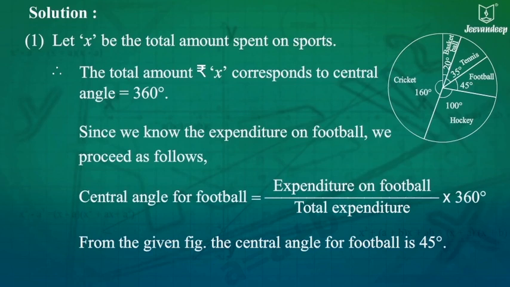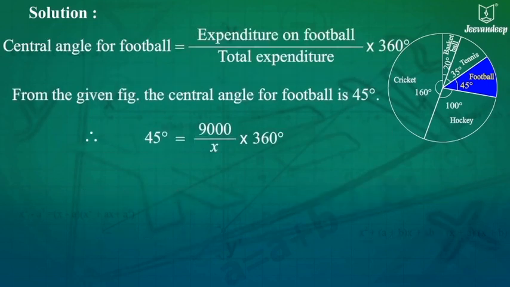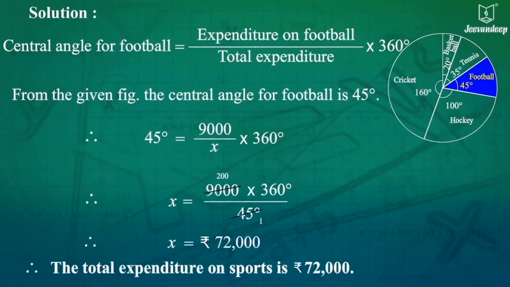From the given figure, the central angle for football is 45 degrees. Therefore, 45 degrees equals 9,000 upon X multiplied by 360 degrees. Therefore, the total expenditure on sports is 72,000 rupees.